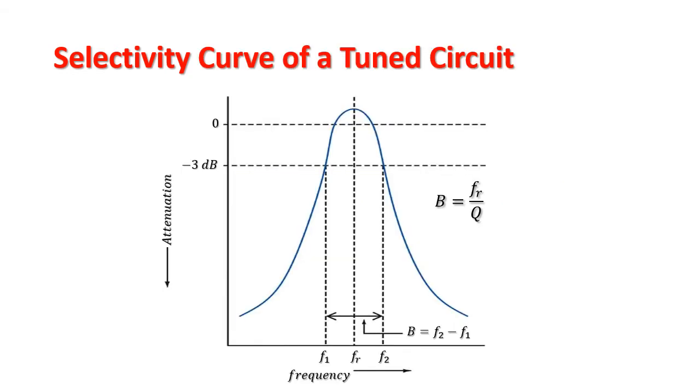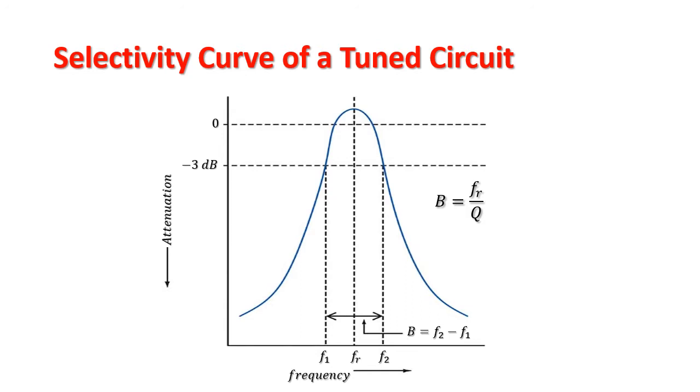This is a selectivity curve of a tuned circuit. As you can see, the resonant frequency is almost unattenuated. And then at the two half-power points, we have f sub 1 and f sub 2. These are the two frequencies at which the power is cut in half.